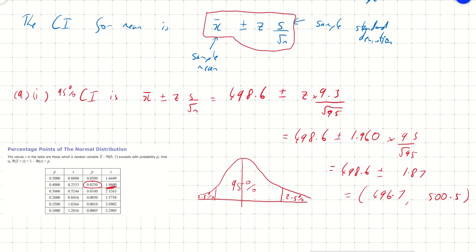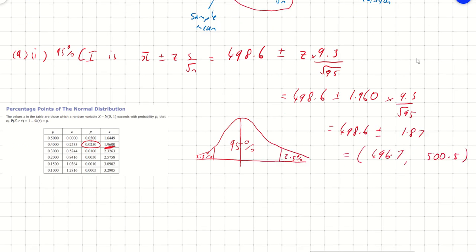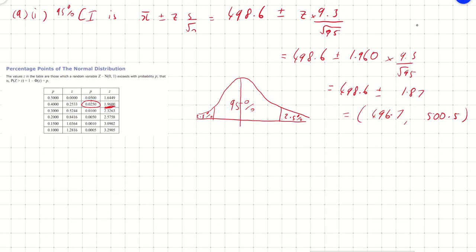We were also asked in part 2 for the 80% confidence interval, so that's going to be pretty similar. The 80% confidence interval is, again, going to be 498.6 plus or minus z times s over root n.